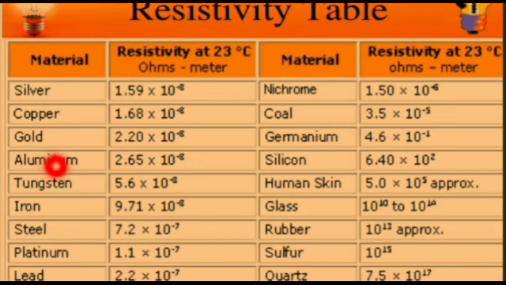Then gold, aluminum, tungsten, iron, steel, platinum, lead, nichrome, coal, germanium, silicon, human skin, glass, rubber, sulfur, and quartz. These are all materials, and all materials have resistivity. Based on the resistivity only, they select the material to make home appliances or other electronic appliances.